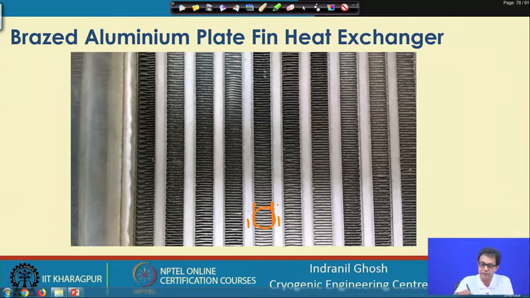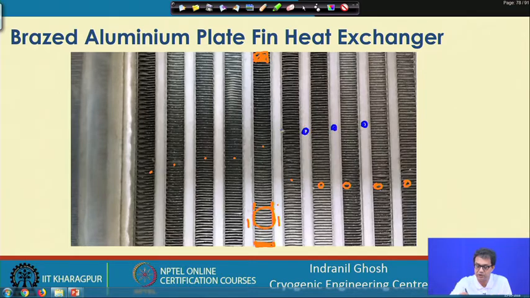If you look at this end for this particular fin geometry, it is not visible at this position, this end and this end it is blocked. So, these are the sidebars. When the fluid is flowing in this direction, it will flow through these channels, and it will not pass or mix with the sidebar.